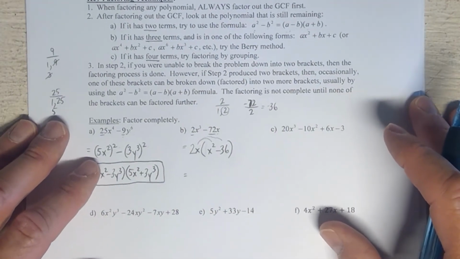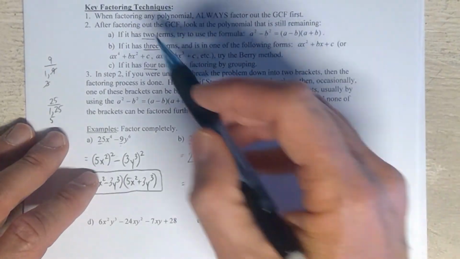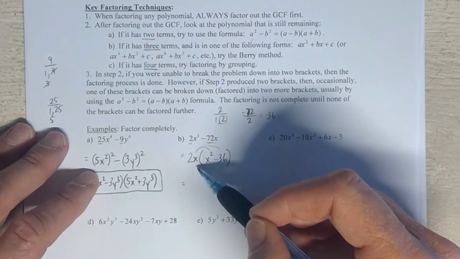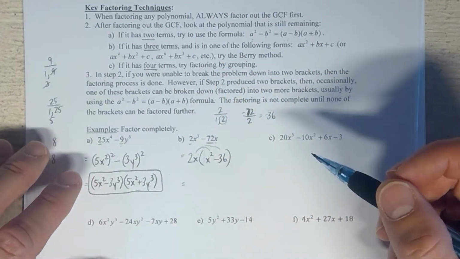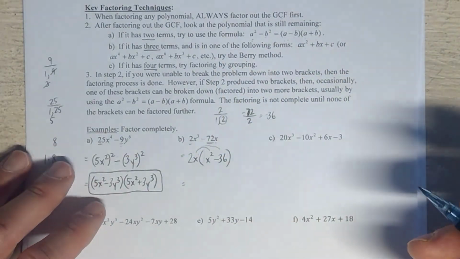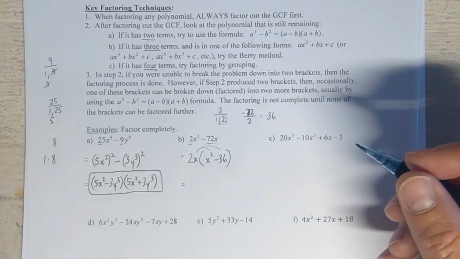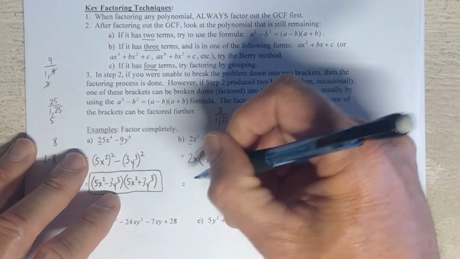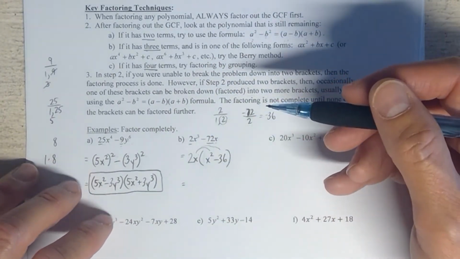Now as we go on into step 2, I want to remind you that if step 1 did work, if you actually did factor out a GCF there, you still have to do step 2. So it's a little bit more involved, problem number 2. You have to do step 1 and step 2 this time. But the good news is that step 2 is very similar to what it was before.